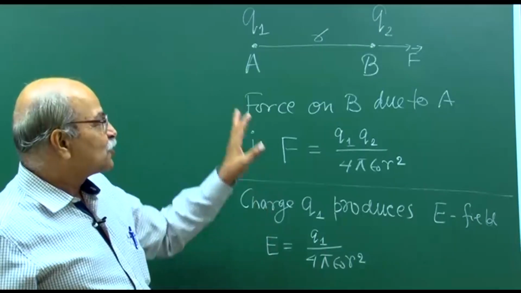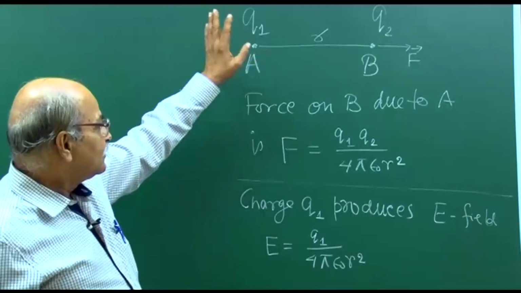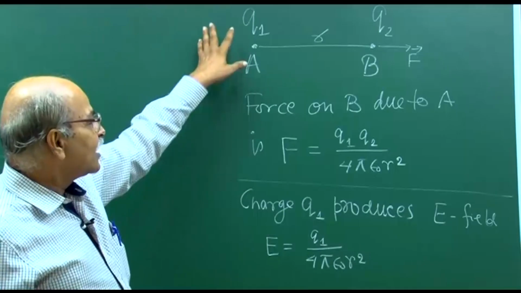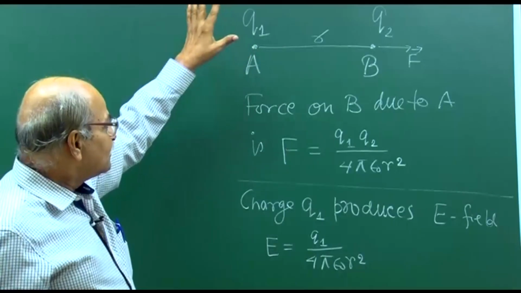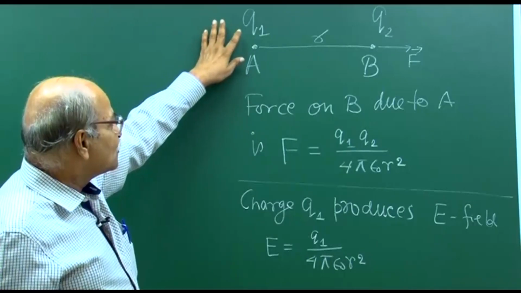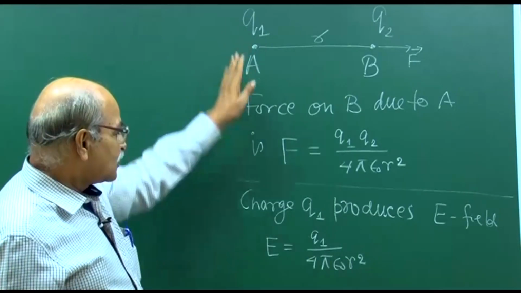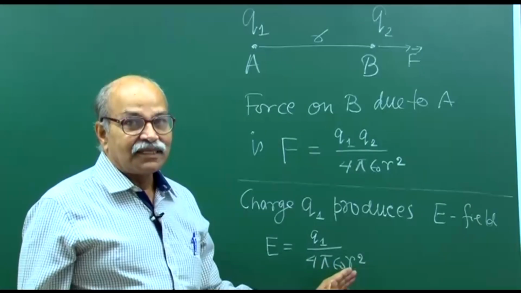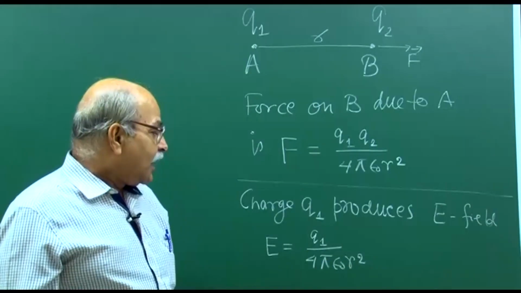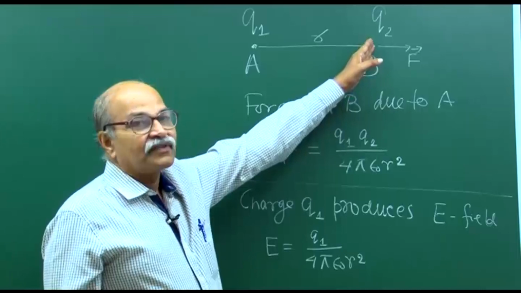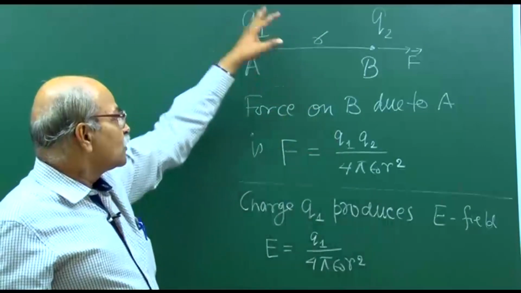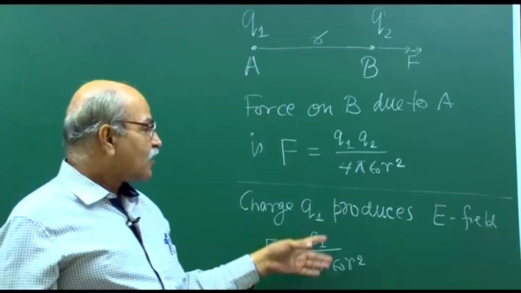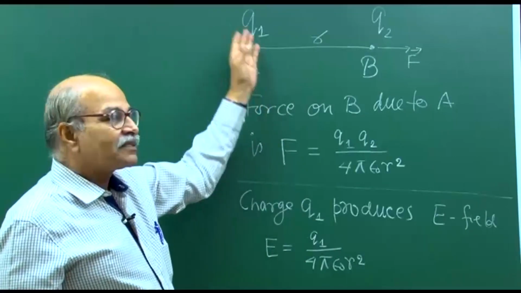Of course, the charge should be stationary in your frame for quite some time. Those restrictions are also there, but in those conditions, electrostatics which we call, this charge produces this much of electric field. And not only at B, it produces electric field everywhere. Wherever you want, you can take a point and ask how much is the electric field produced by this there.